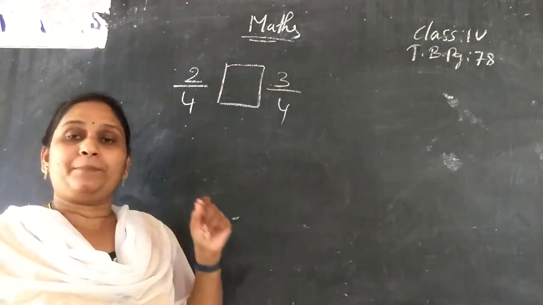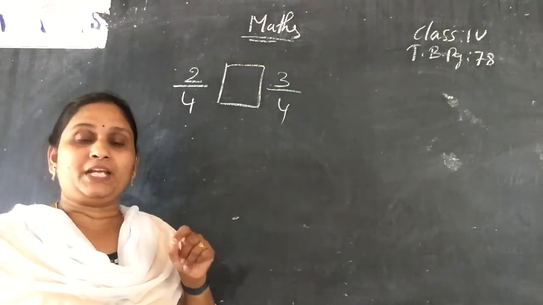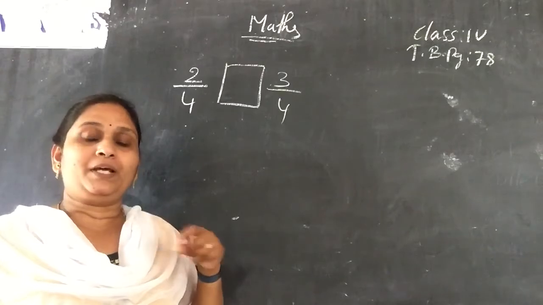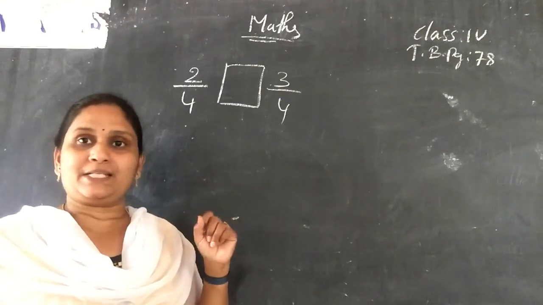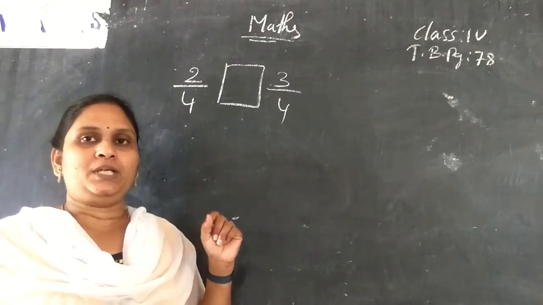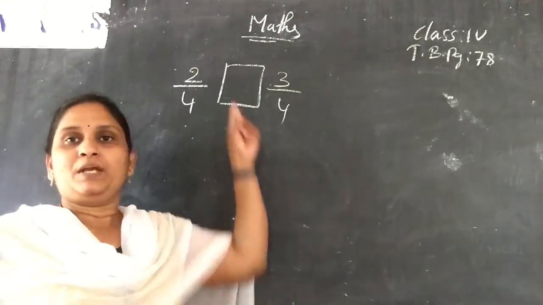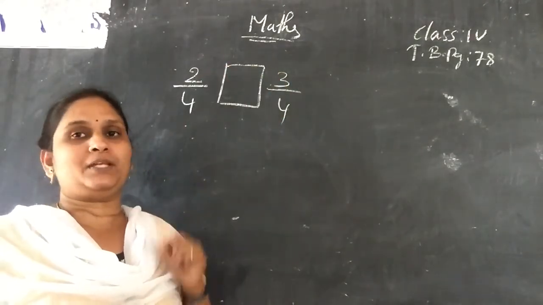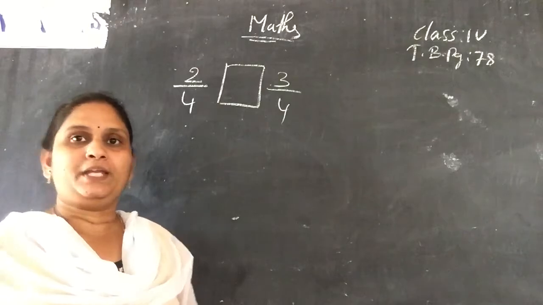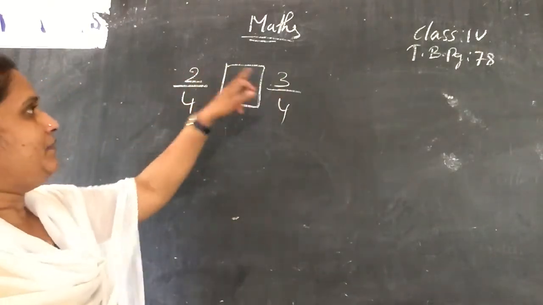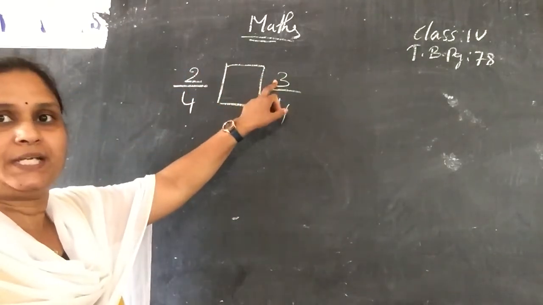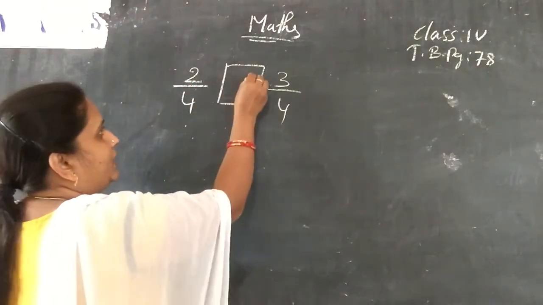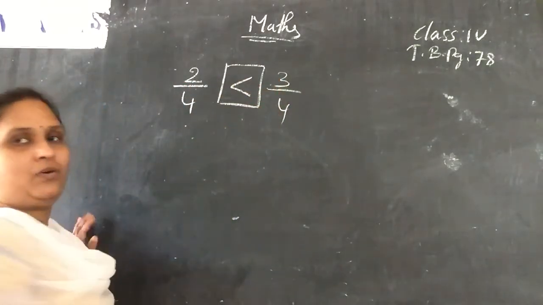And when you are comparing the numerators, in our regular way, the number which is more is the greatest number, no? Same like that only. If the denominators are the same, we compare the numerators in the regular method. In the regular method, 2 and 3, which is the greatest number, children? 3 is the greatest number. So 2 by 4 is lesser than 3 by 4.